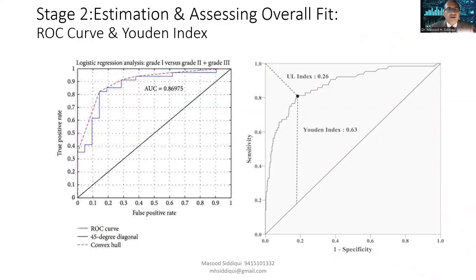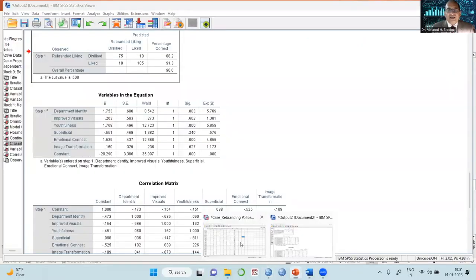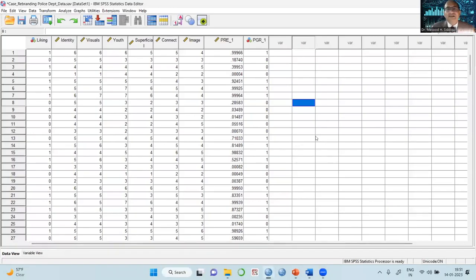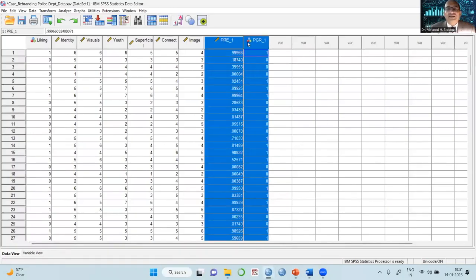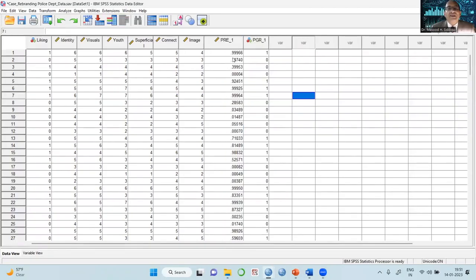Just to show you the probability part, we have saved two variables also, that is the predicted probability and the group membership. Here we use the cutoff value as 0.5. So you can check if the probability is greater than or equal to 0.5, it has been predicted as 1, means yes, like.